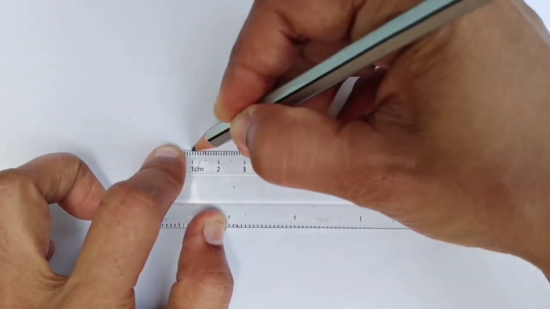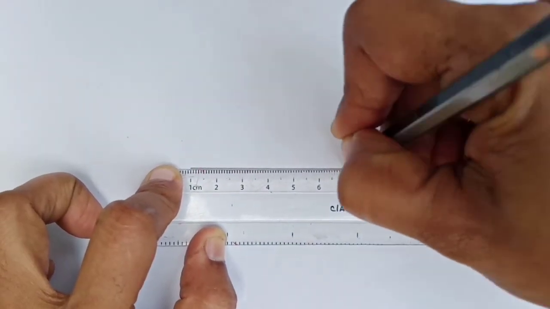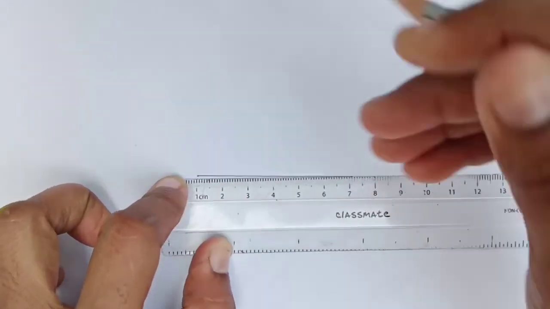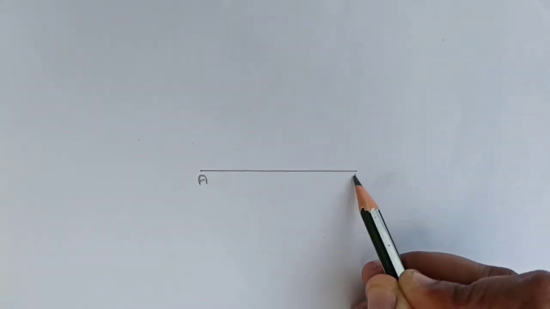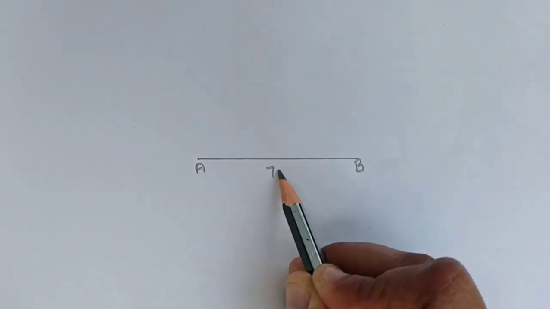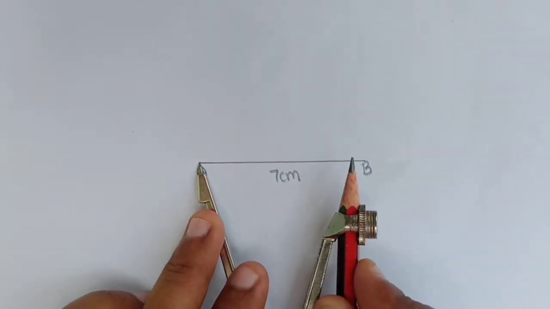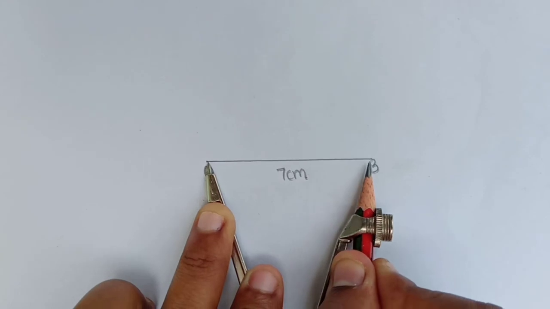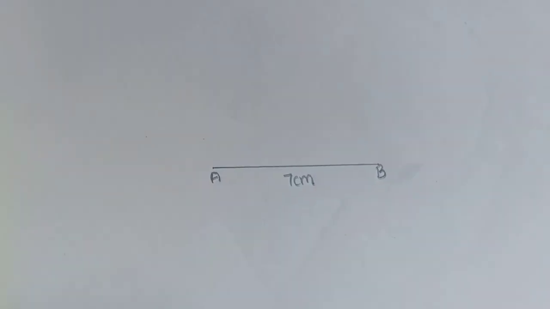Draw a line segment of length 7 centimeter. Label the endpoints as A and B. By taking AB as radius, with A as center, draw an arc.